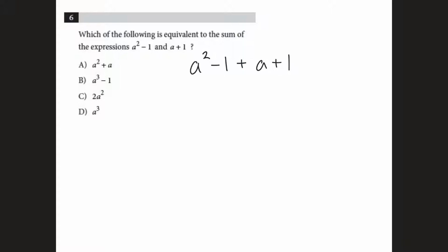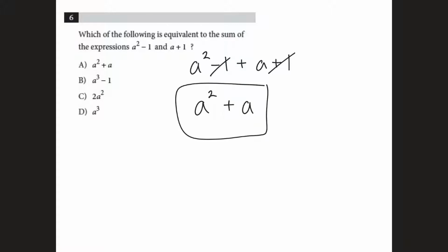Okay. Now, in this case, it looks like the ones are going to cancel out, and we're just going to be left with a squared plus a. A is the solution.